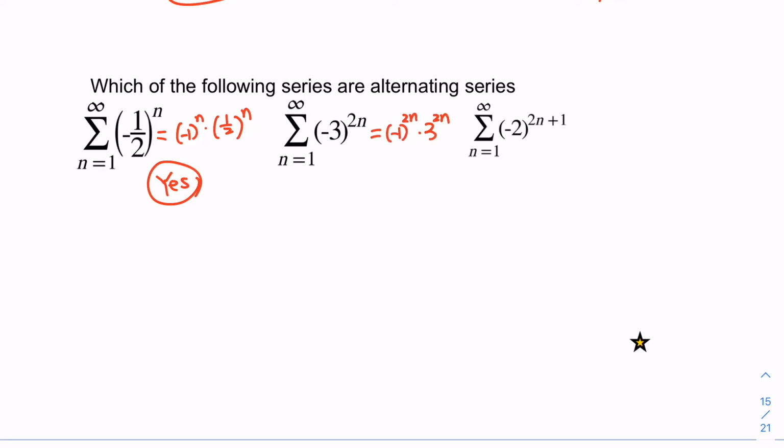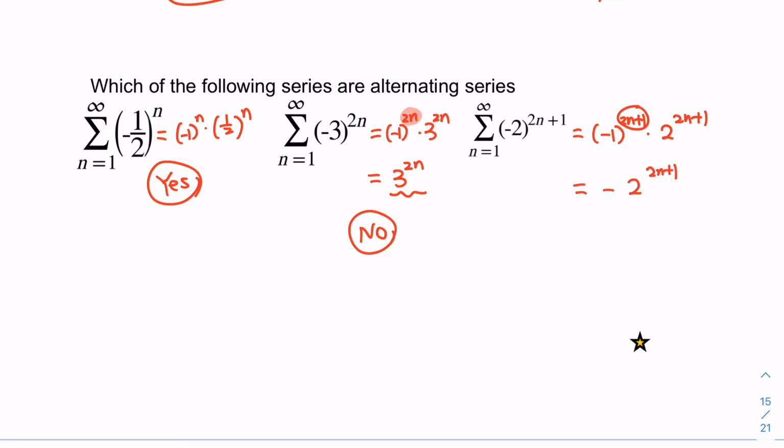As we know, -1 to an even power gives us 1, so this series will be equal to this, which is not an alternating series. Similarly, (-1)^(2n+1) times 2^(2n+1): an odd power will always give us -1, so this is a series with all the terms negative, which is not an alternating series.